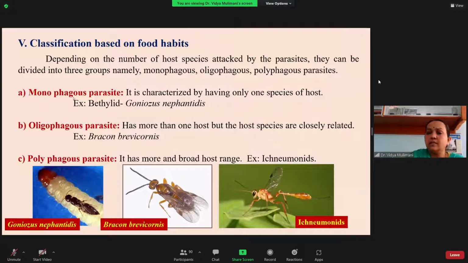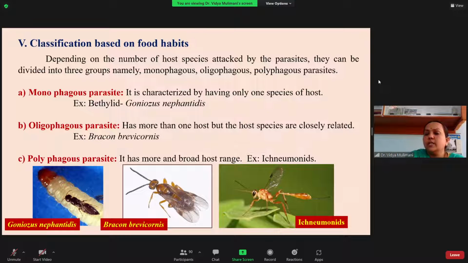I always try to tell you to understand the meaning. So it is characterized by having only one species of host. Here I am giving you Goniozus nephantidis, which is mainly attacking the coconut black-headed caterpillar.